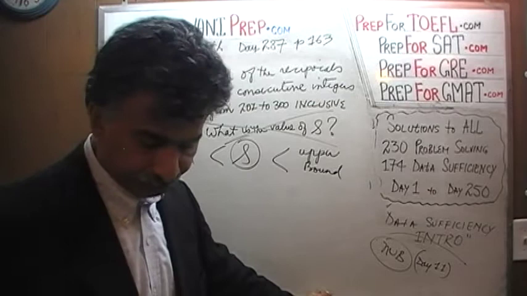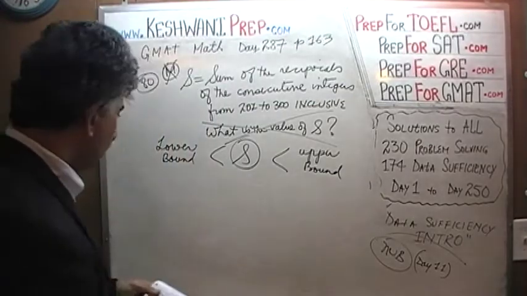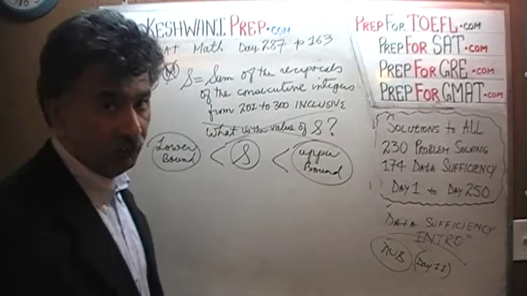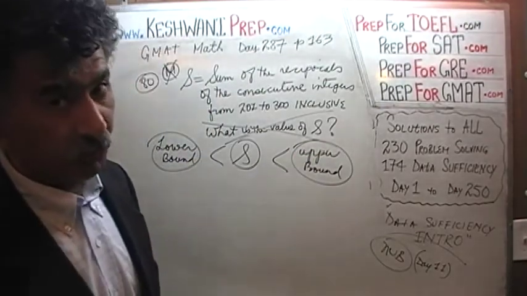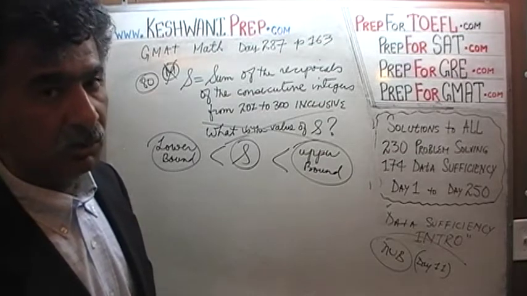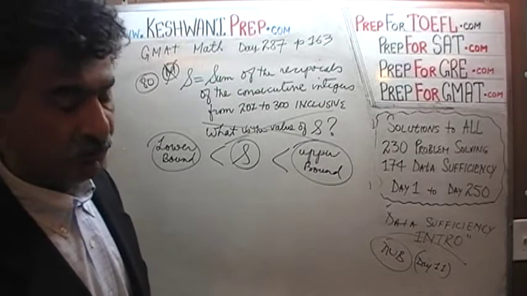Here's what you can do. Since we are looking for upper and lower bounds, what we are looking for are extreme scenarios. Let's ask ourselves, what are the two ends of this situation?